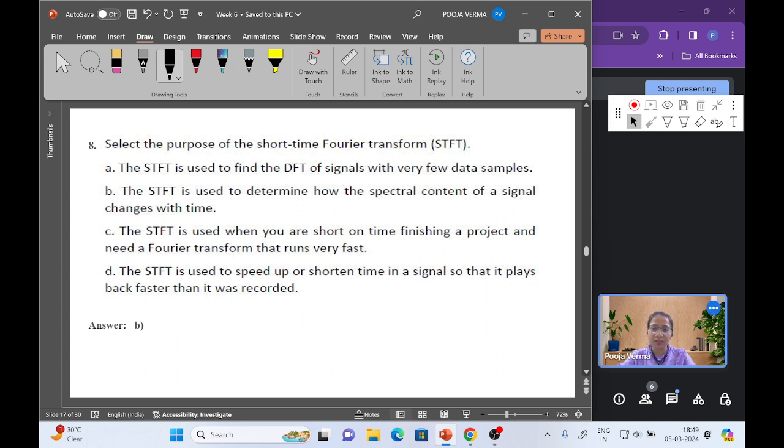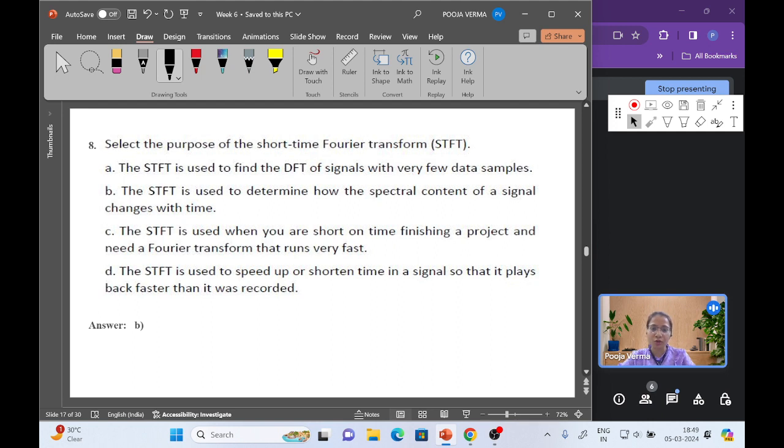Option A, the STFT is used to find the DFT of a signal with very few data samples. No, the STFT is used to determine how the spectral content of a signal changes with time.